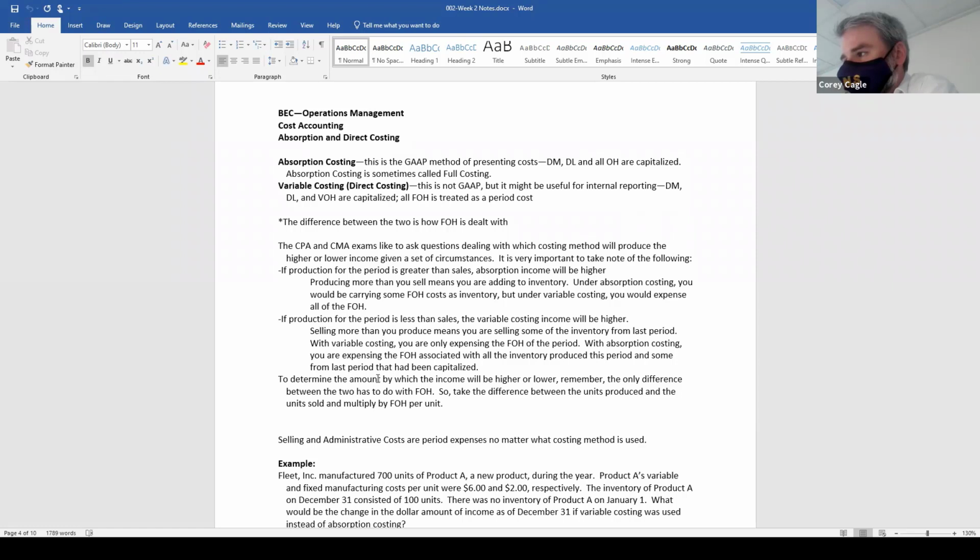Variable costing takes fixed overhead and treats it as a period cost. Just expenses it then and there. Doesn't attach to the product, doesn't go to inventory. It goes straight to the income statement as a period expense. Only difference is in those two, is fixed overhead. Everything else is the same.